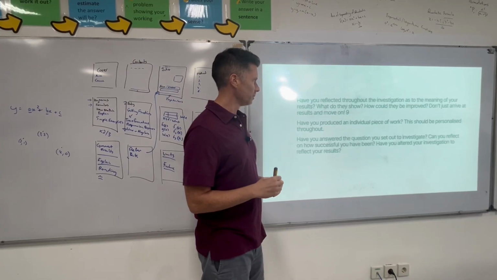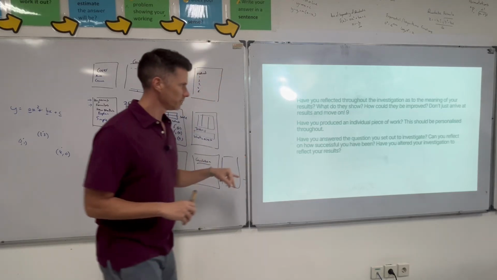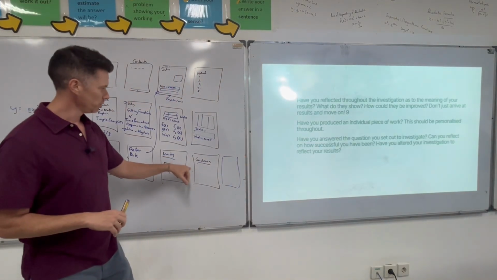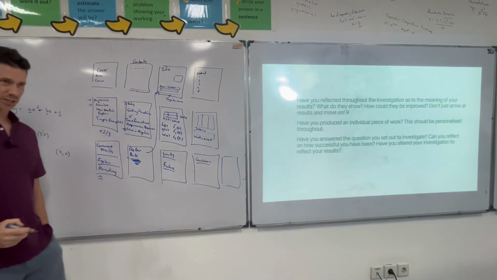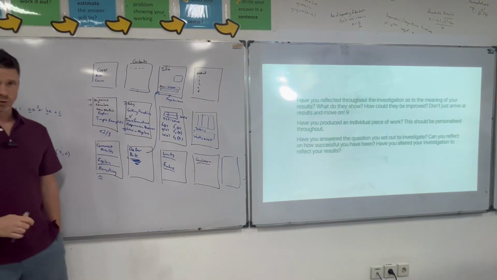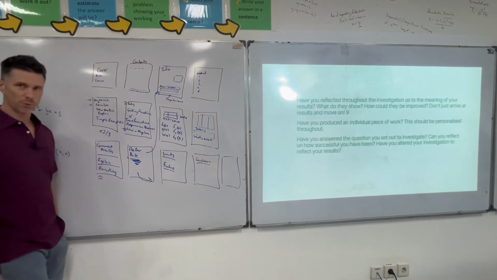And have you reflected on the result and altered your investigation to reflect your results? Now, what you could do is, if you come to this stage and you're 8 pages in and you need more to do, this is where you go, right, I need to come up with more maths.